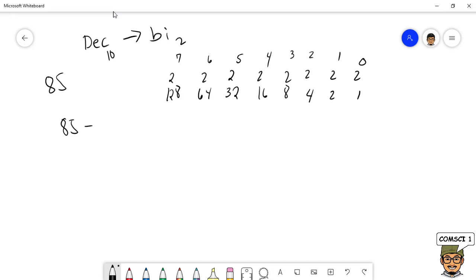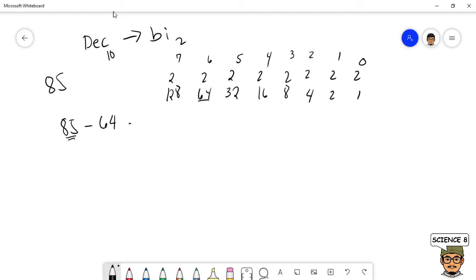The numbers that we subtract from 85 must be at least equal to or less than our decimal number. In our case, we will use 64 because it is less than 85.